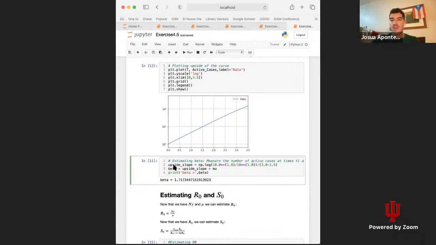And do tell me what values of 2.5 and 0.5, and what values of the active cases you plugged in. 1.5.